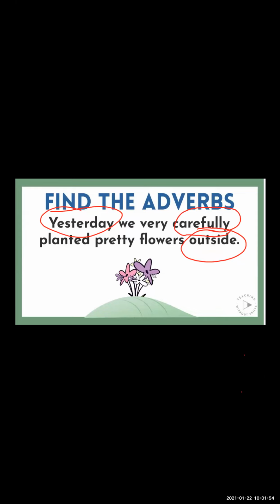But if I asked to what extent I planted the flower? Yes, very carefully. I just not planted the flower carefully, but very carefully. So very is also an adverb in the sentence.